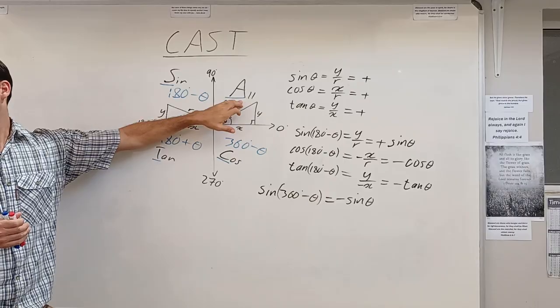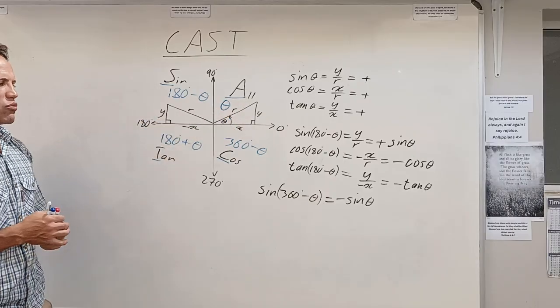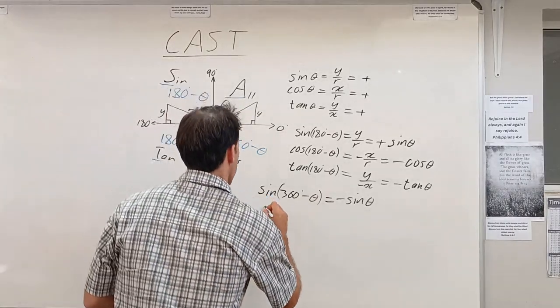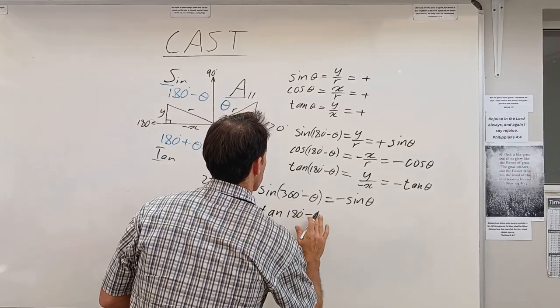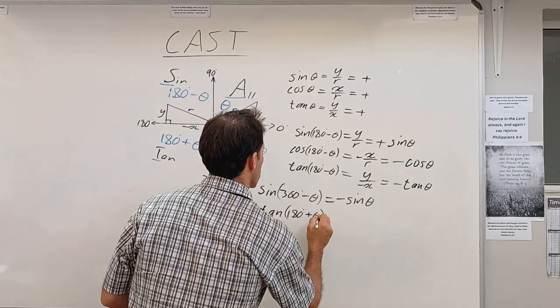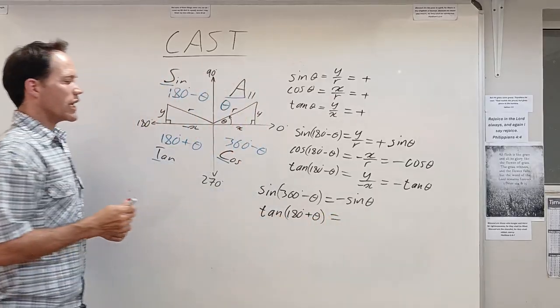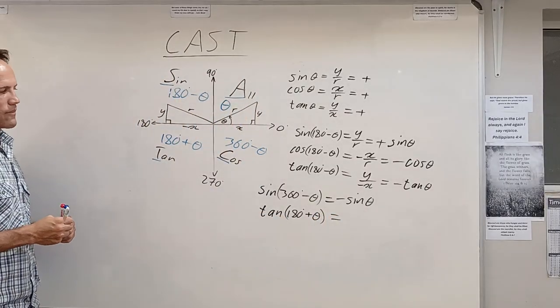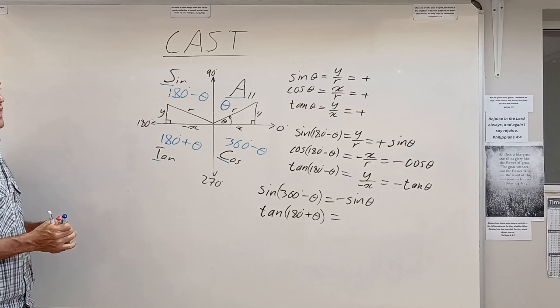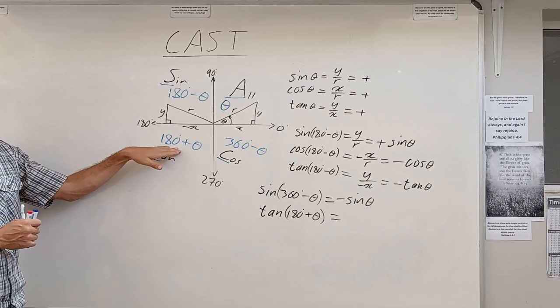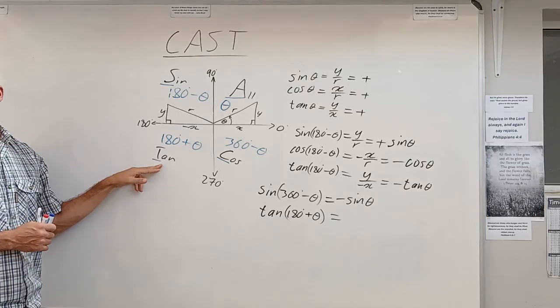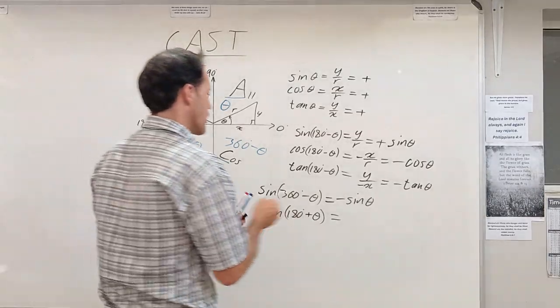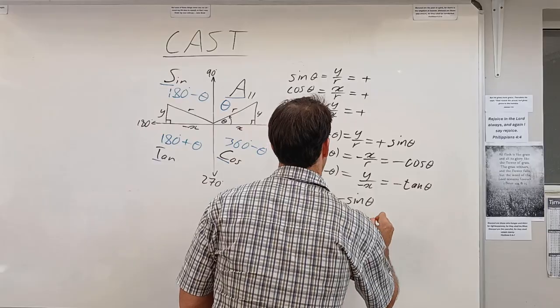Does it make sense? And let's do one more. What is tan 180 plus theta equal to? So 180 plus theta is the third quadrant. And what is tan in the third quadrant? Positive. So tan 180 plus theta is equal to tan theta.